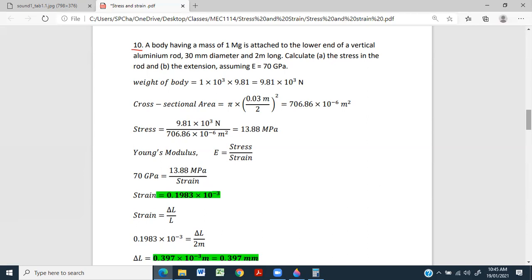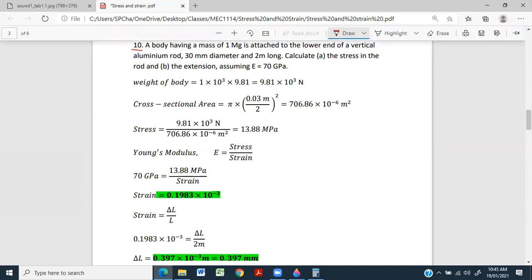So this body has a mass of 1 megagram, which is equal to 1,000 kilograms, or 1 times 10 to the 3 kilograms.